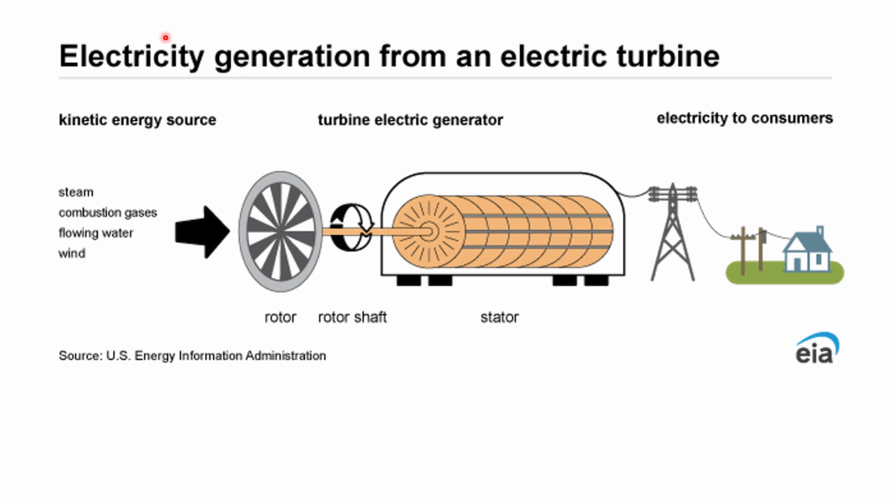The electric generation from an electric turbine uses steam or flowing water or wind. From steam, combustion gases, flowing water or wind, we come to the rotor of a generator, which is coupled with the stator.